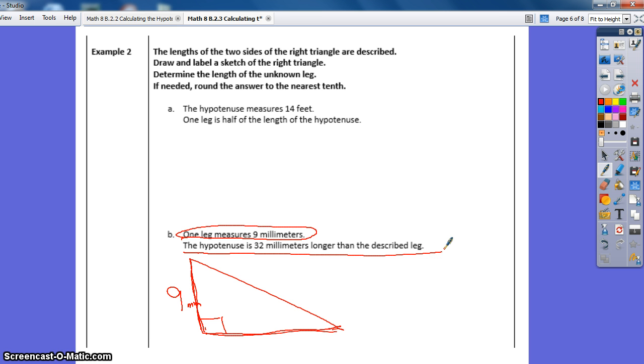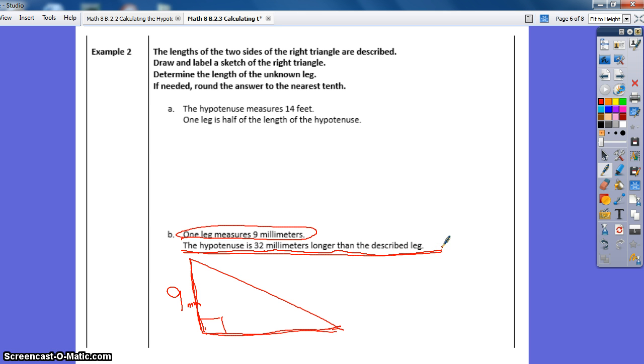Now, how long is the hypotenuse? 41. Show offs. How do you get 41? Because you read the whole thing, like Mrs. Lennon forgot to do. The hypotenuse is 32 millimeters longer than the described leg.